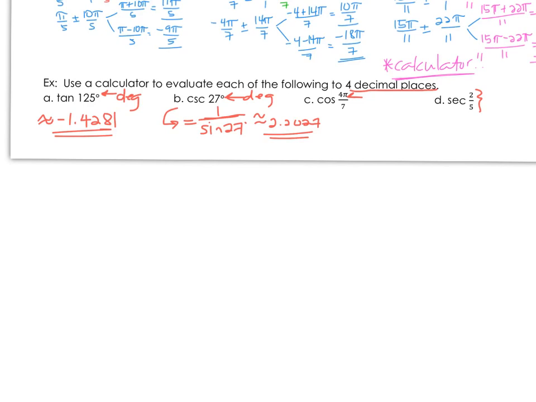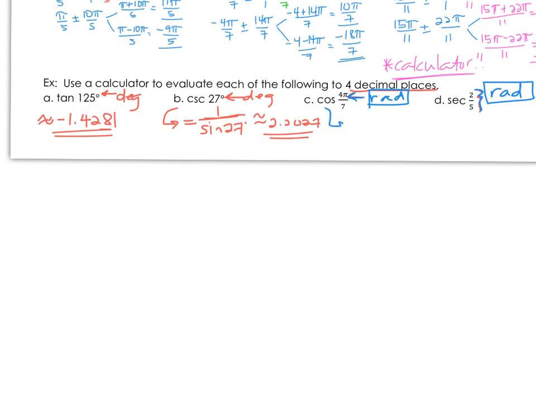Because then when you don't see that, like you see a pi, for example, or a fraction that doesn't have that degree with it, now go to your calculator, go to the mode function, and convert to radian mode. And you will use radian mode for both of these. So now you're still going to type in the same trig function, but you have to type that fraction in specifically.